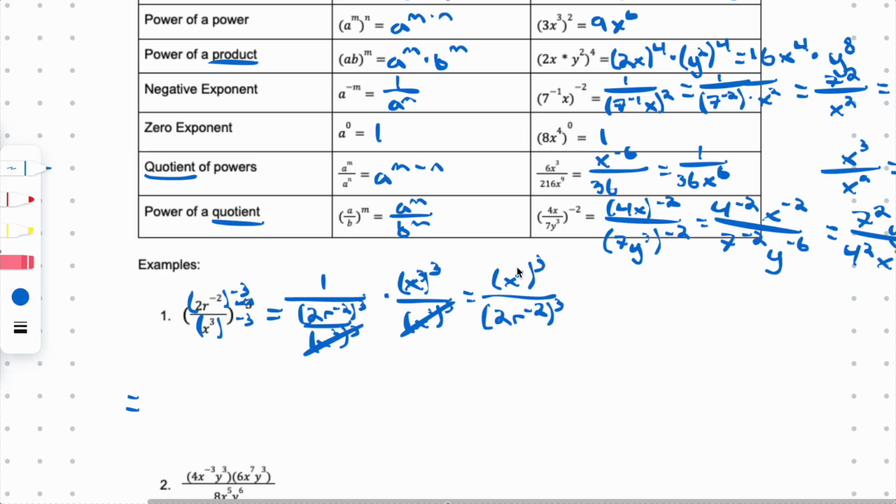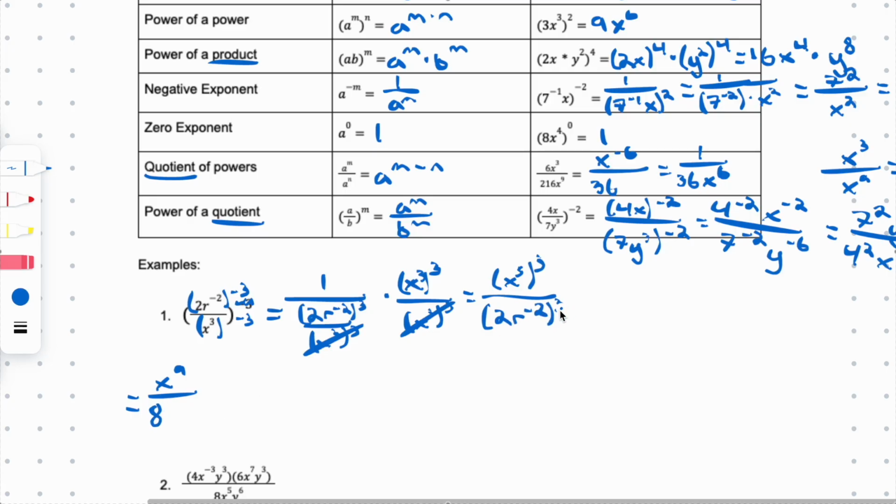Since we have a power of a power, like we have up here, we multiply the two, so 3 times 3 is 9, x to the 9th. And now we have 2 to the 3rd, which is 8, and r to the negative 2nd to the 3rd.